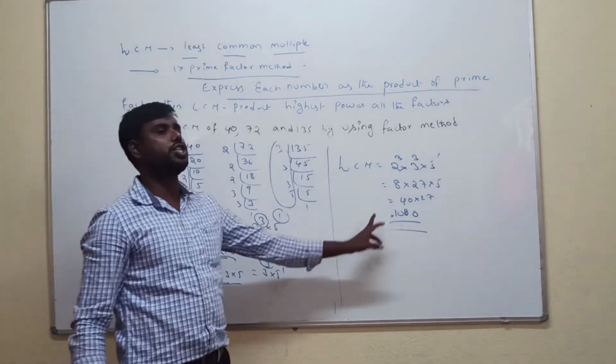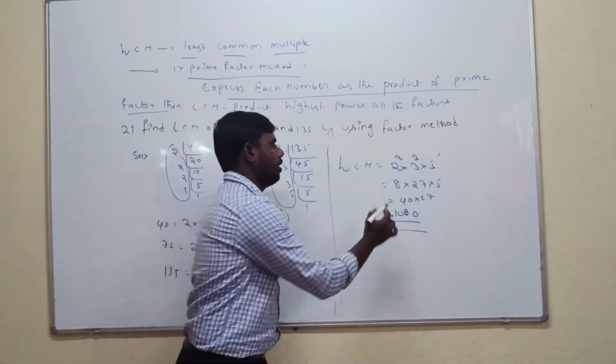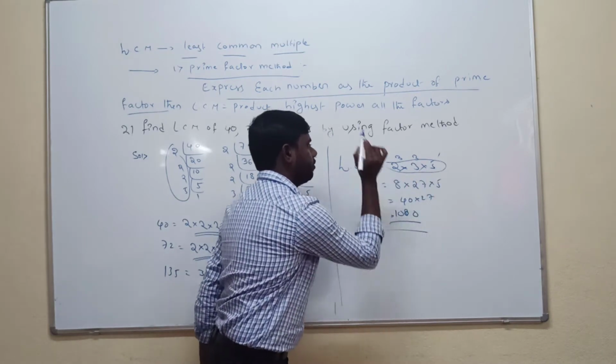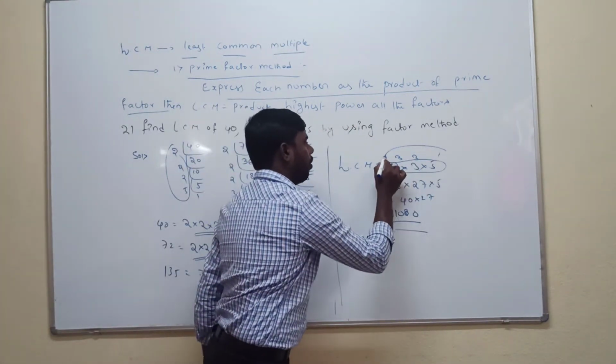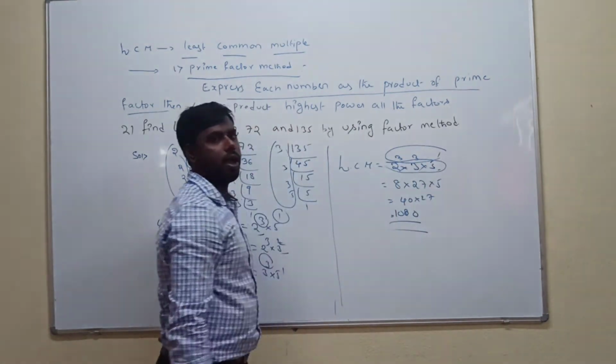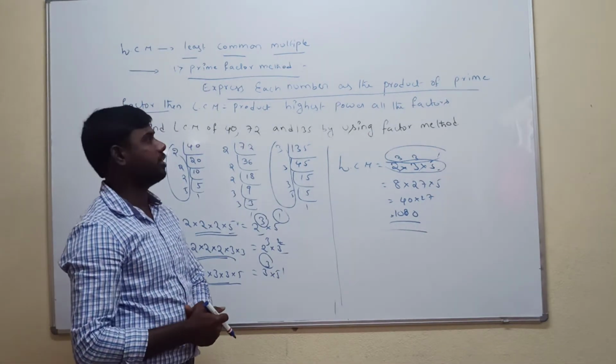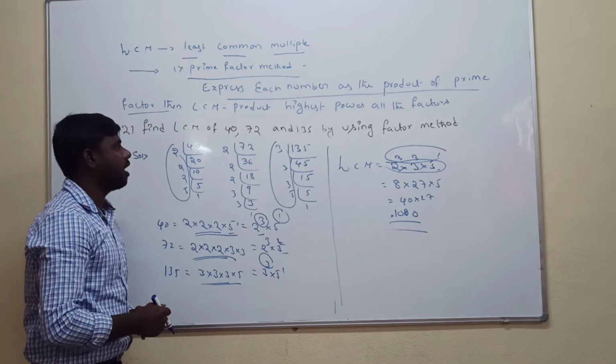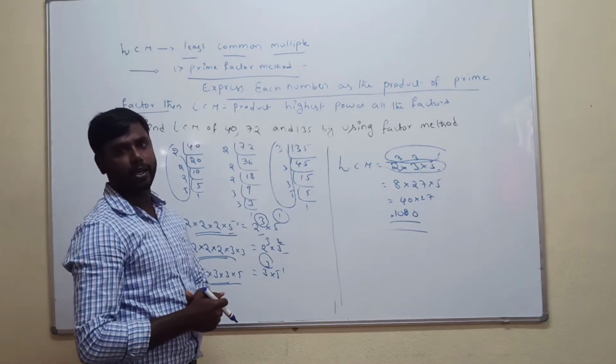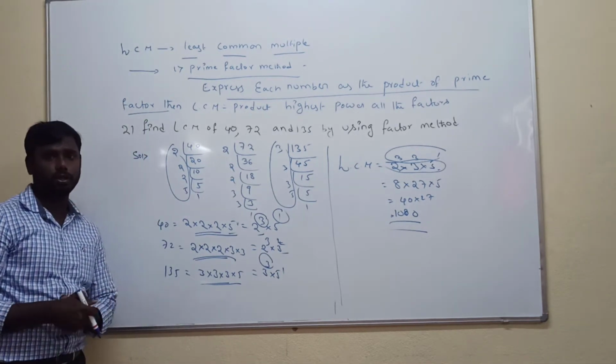Then LCM is equal to the product of the highest power of all the factors. This is how to solve the LCM using the prime factor method. Everyone understood? It is clear.